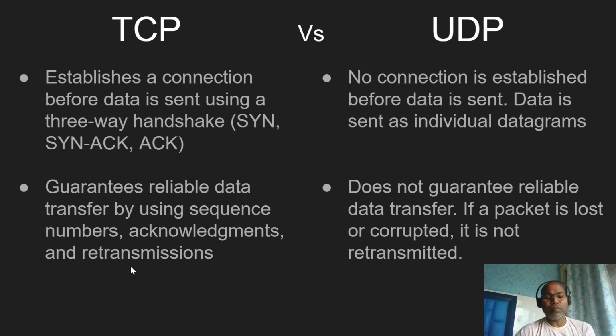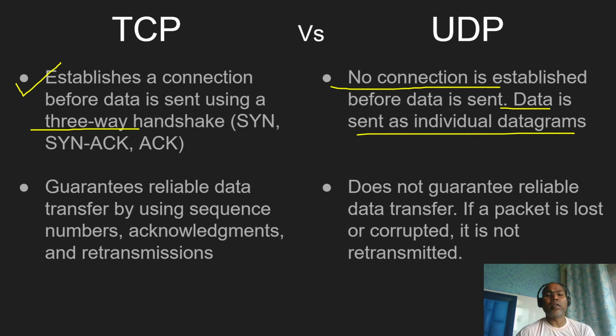Some points: TCP always requires a three-way handshake between the devices to make a proper connection, but with UDP no connection is required, because the data is sent as individual datagram packets, simple, and they do not follow any dedicated connection between the sender and the receiver.